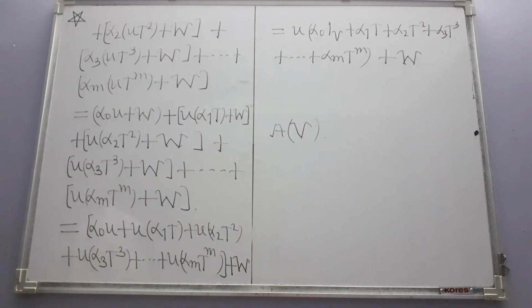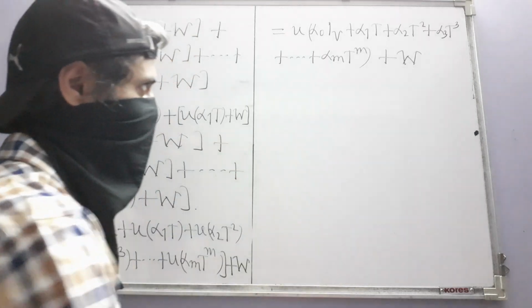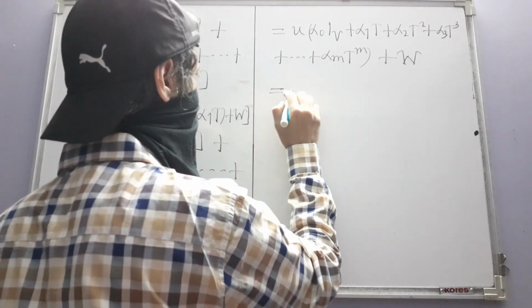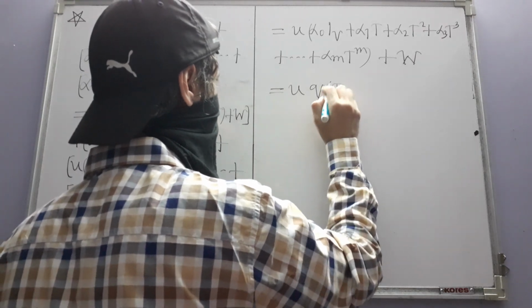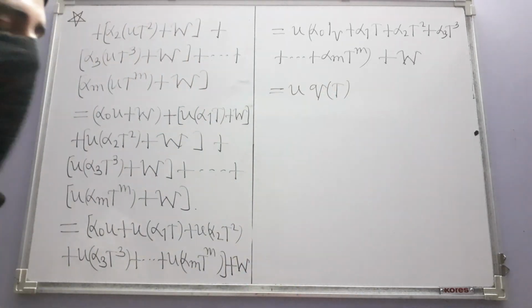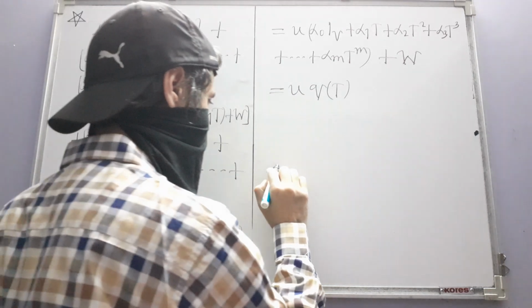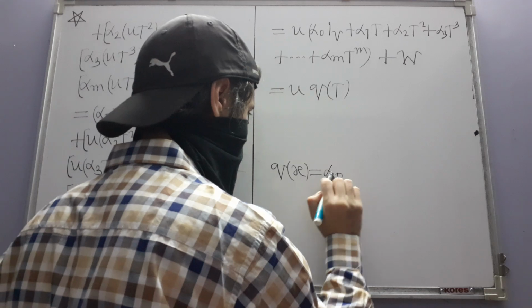Now, if you look carefully at that sum, that is in fact nothing but what? Isn't it Q of t? Because you have your polynomial Q like this, right?